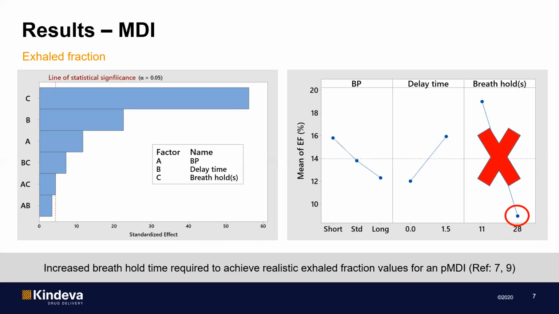Again, though, a long breath profile is preferable along with a reduced delay time. And in both those instances, that results in increased residence time of the drug within the lung, increasing the deposition from diffusion and reducing the exhaled fraction.